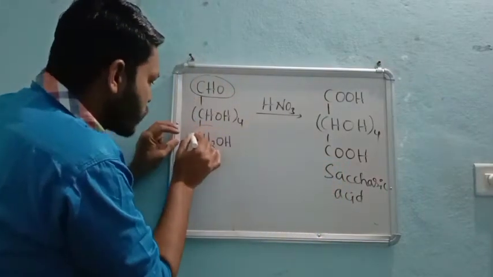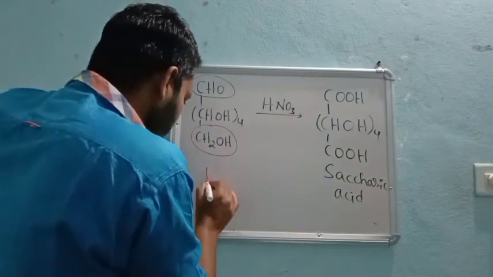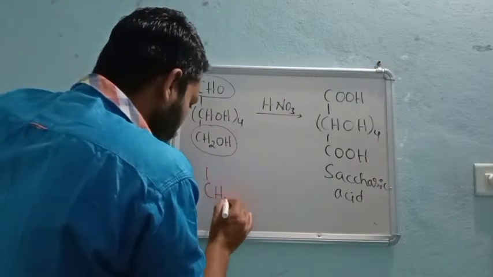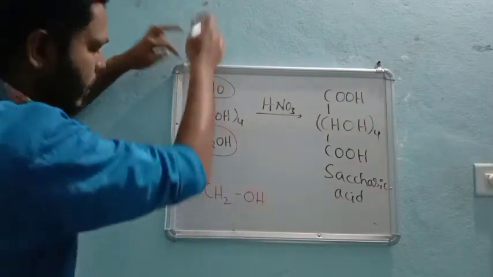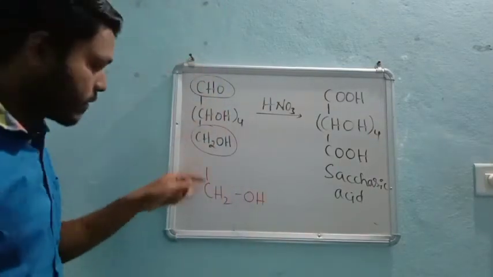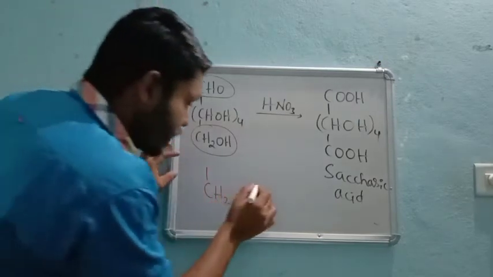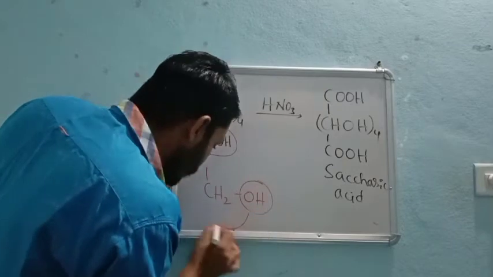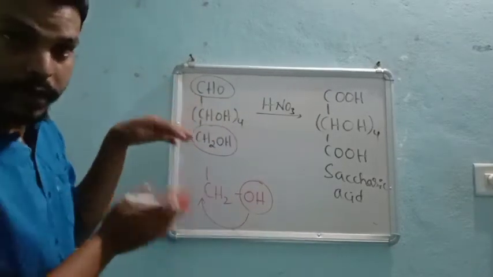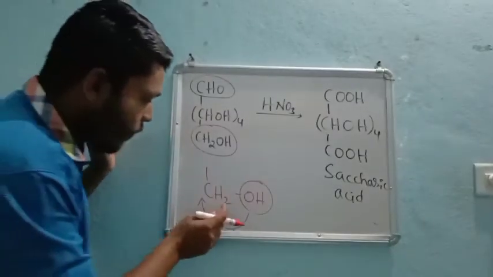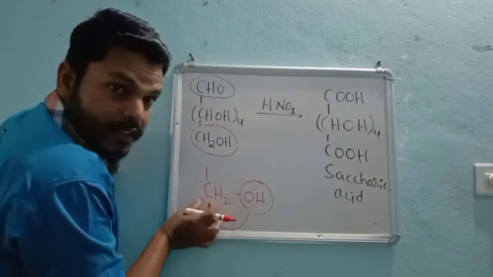Now this is the most important case. If I write it openly, there is CH2OH. There is a C, and there are four to five C's above it. But this OH group belongs only to this C itself, not the in-between C's. So we have to consider this OH for this C only.